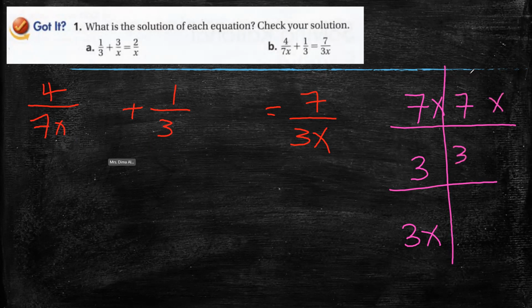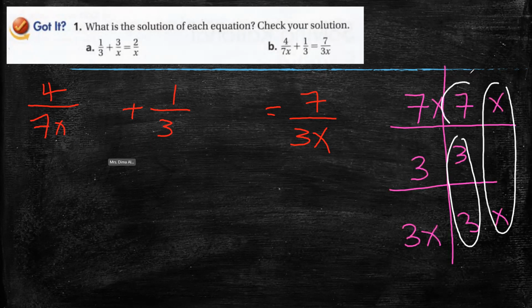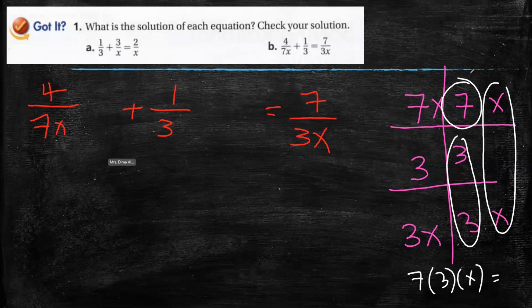We have 3 and x. Let's now circle the common and write the non-common. So we have 7 times 3 times x, which is 21x. We circle the common and we write also the non-common. So we have 21x.